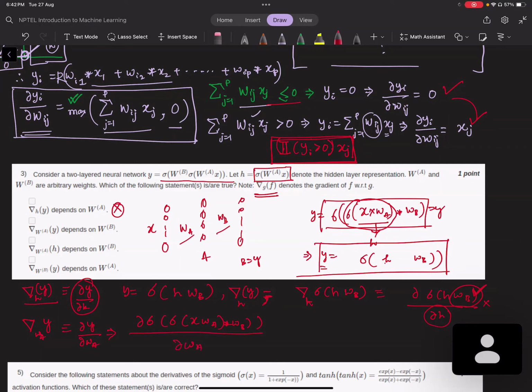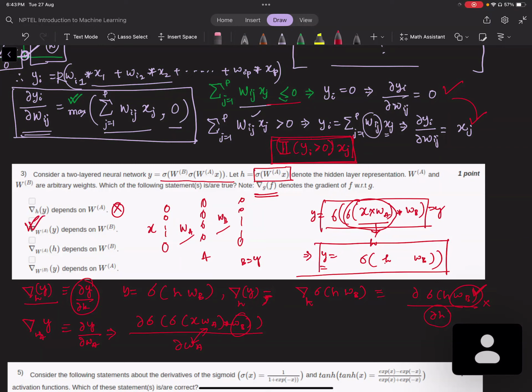If we do this, we need WB to find this with respect to WA. So it is dependent on WB. So option B would be correct.